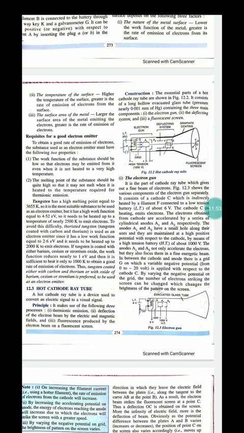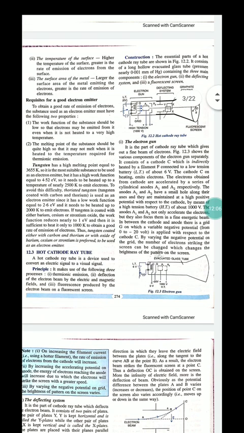It should have high melting point, and it should have low work function. So, some of the good electron emitters are tungsten, thoriated tungsten, tungsten coated with barium oxide, strontium and strontium oxide.